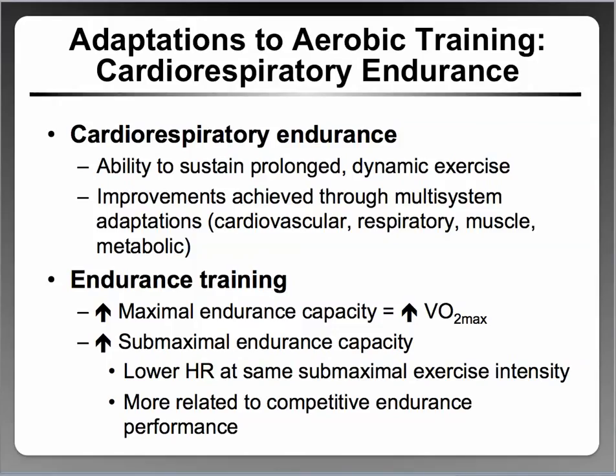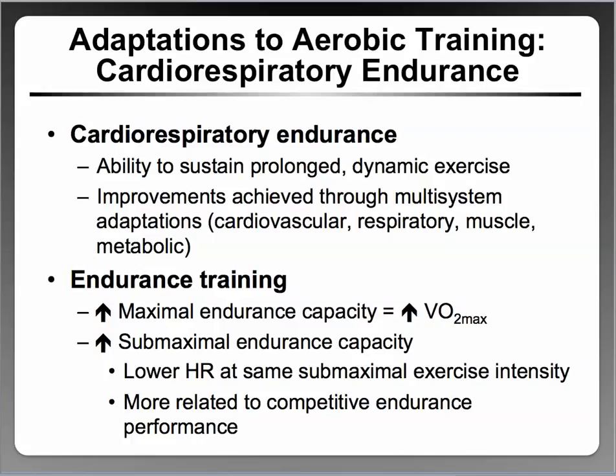We're going to come back to this slide, and one way to increase your cardiorespiratory endurance is through endurance training. And there have been many studies that have been done. People that have been sedentary before, gone through an endurance training program, and then they've looked at their VO2 max, and basically what they've found is that you can increase your endurance capacity or your VO2 max significantly with training.